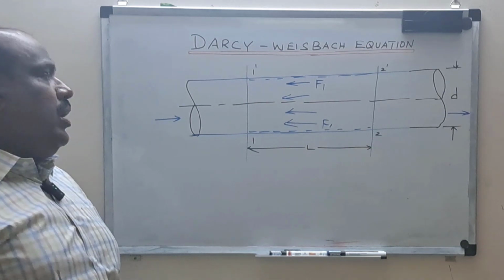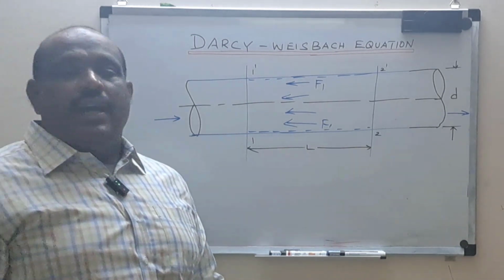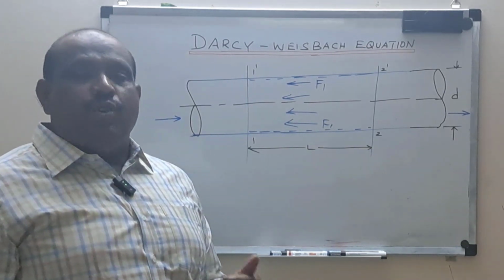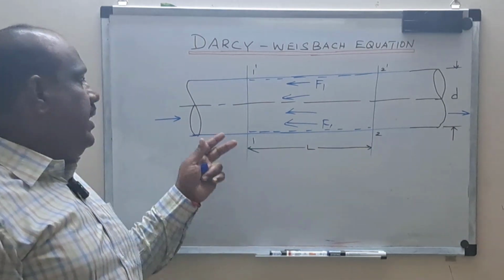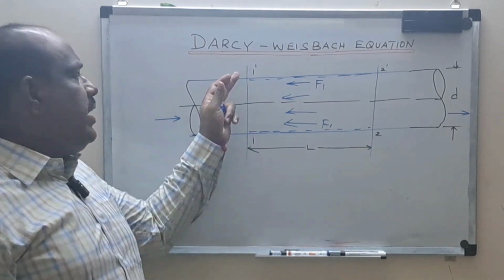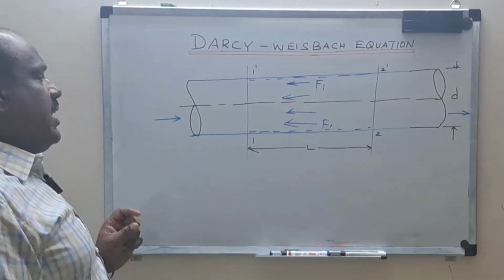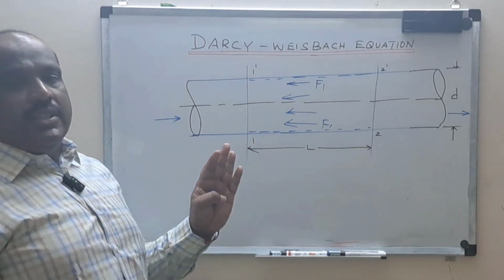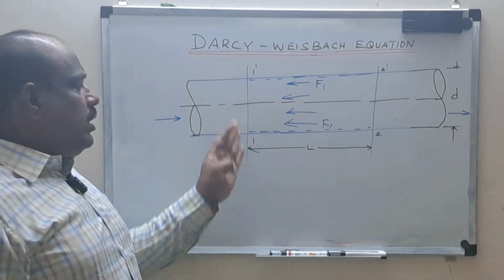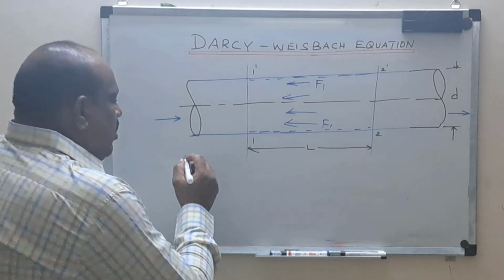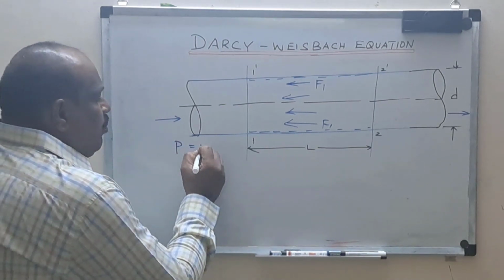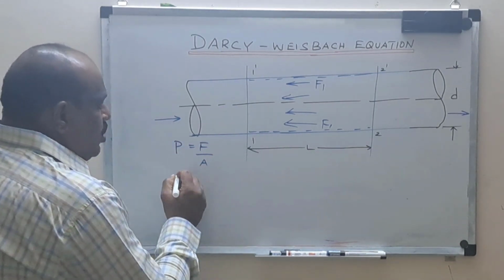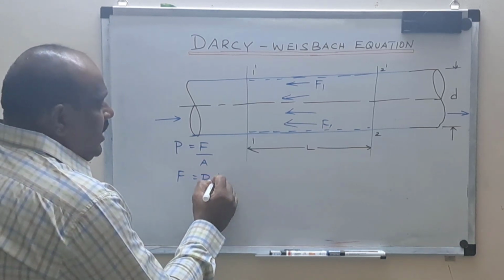Now let us first balance the forces acting along the sections 1 dash and 2 dash. Consider the force which makes the flow happen at plane 1 dash. We know pressure equals force by area, so force equals pressure into area.